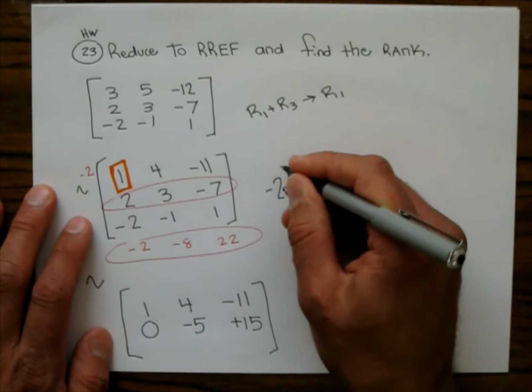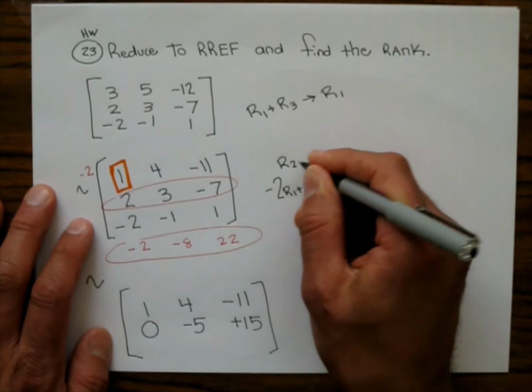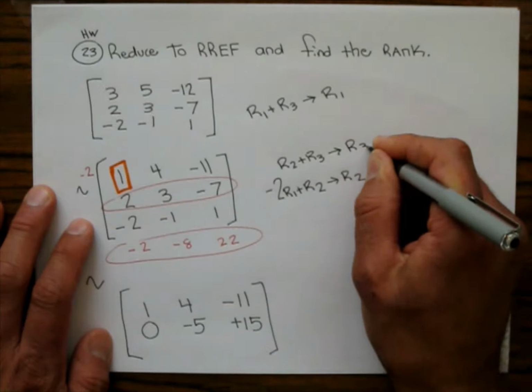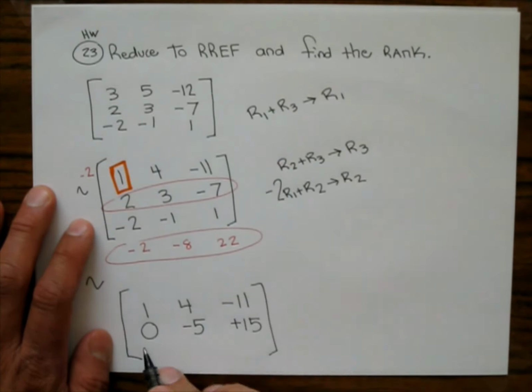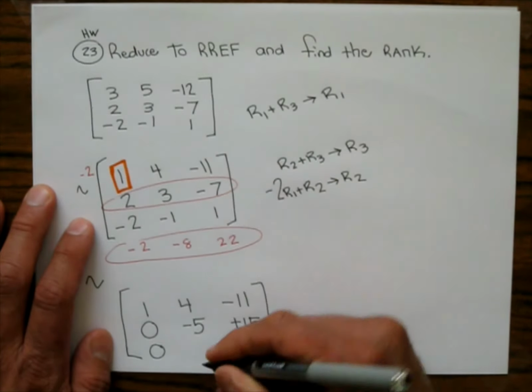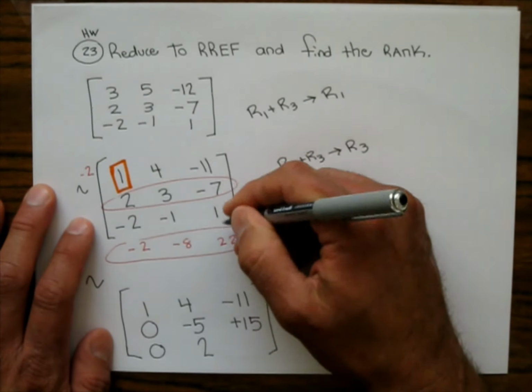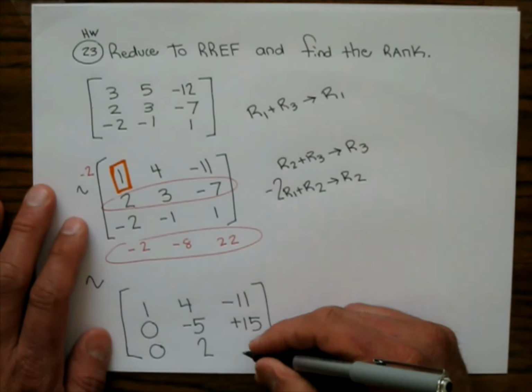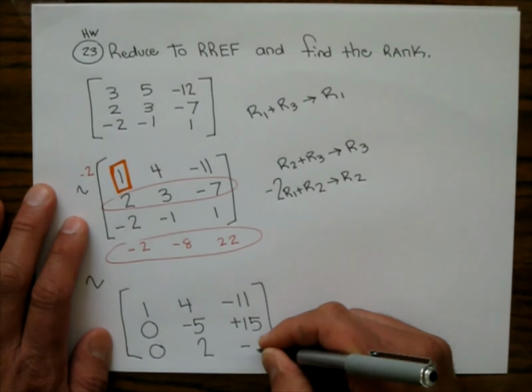But before I do that, maybe I should just write that row 2 plus row 3. It was so tempting. I'm going to do it that way. It gives me the new row 3. So look at this. Before row 2 got wasted, I'm going to say 0, and then this right here is 2, and then this right here happens to be negative 6.